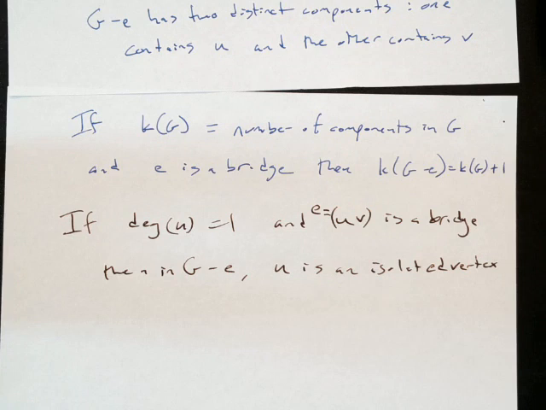In that first graph I showed you, all of my edges are bridges, because removing any one of them disconnects the graph.